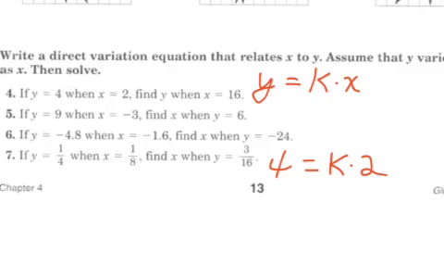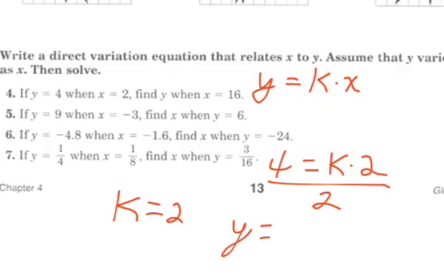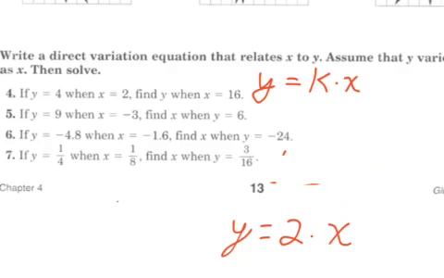So if I solve for k, dividing that, k is 2, and so we could say y is equal to 2 times x, and for whatever other value they ask us to solve for, just stick what we know in. So number 4 says find y when x is 16. Well, that's easy. If you stick 16 there and multiply by 2, y is equal to 32 on number 4.